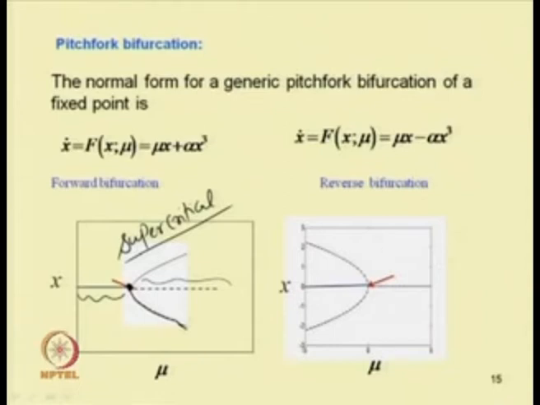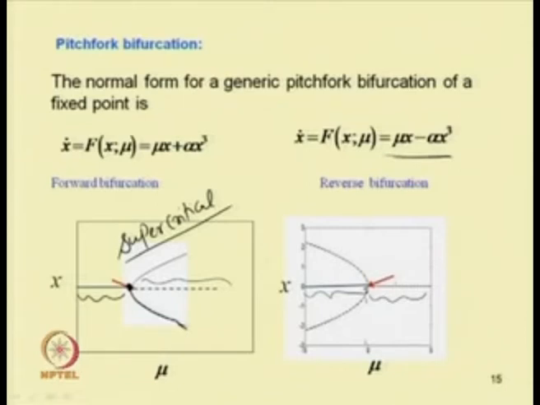But in this case, if we take mu x equal to minus alpha x cubed and plot this response, we can observe that this part, the trivial state, is stable, but after this the trivial state is unstable, and here the non-trivial branch becomes unstable. So, if one increases the mu value beyond mu equal to 0, as the system is unstable, practically the system response will disappear after mu equal to 0, or the system will have an unstable response.